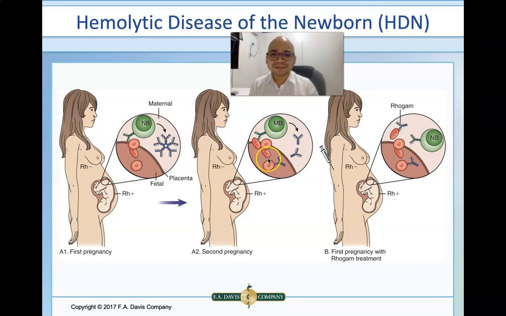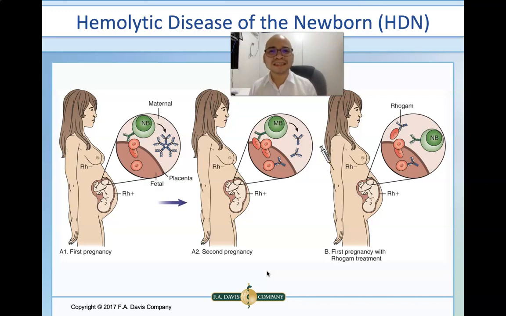Okay, in order for us to prevent RhHDN of the second child, we have to introduce RhoGAM treatment within 72 hours after the first pregnancy. So RhoGAM will prevent RhHDN from happening.